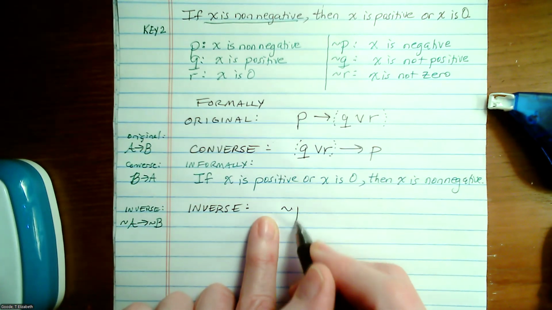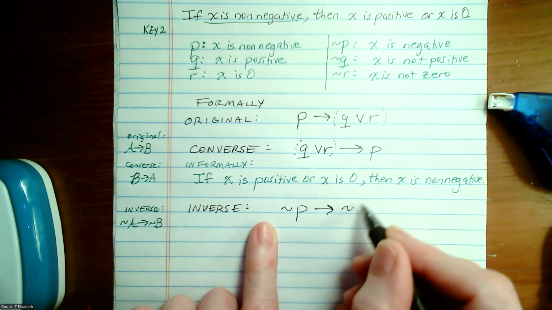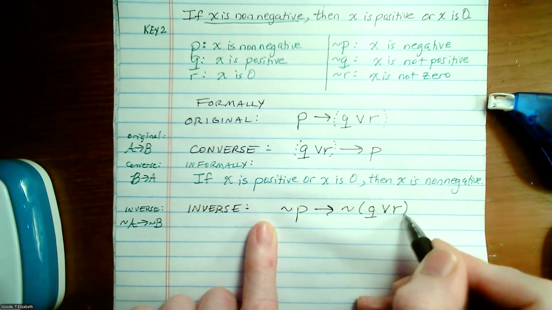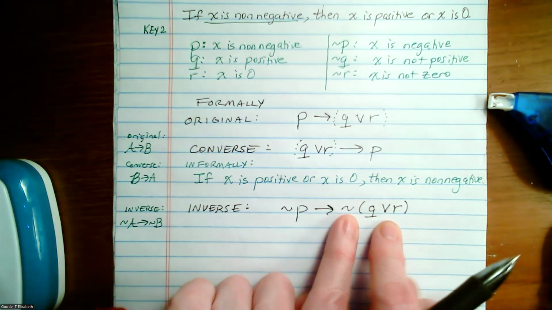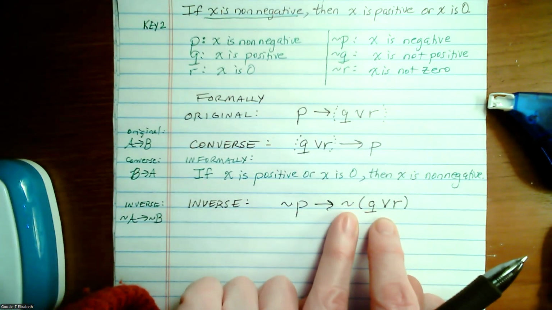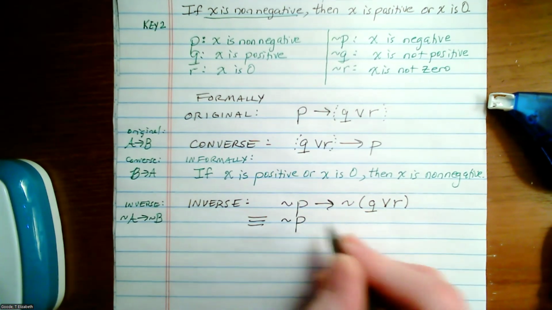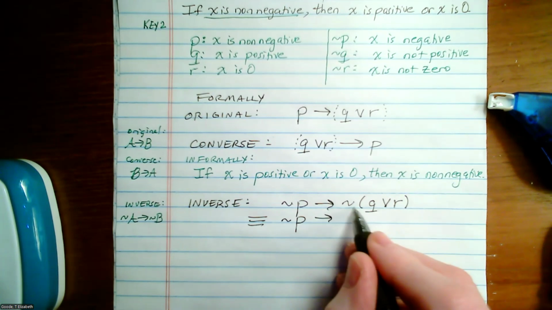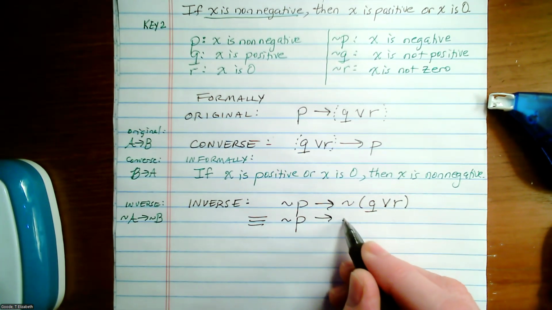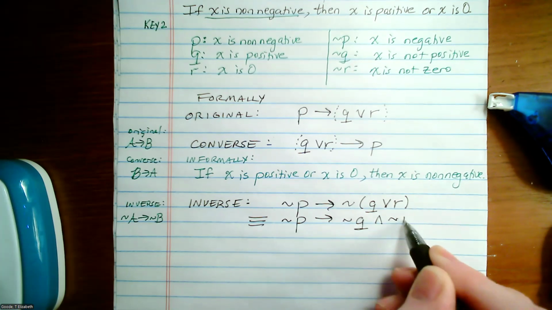Not P implies not Q or R. I'm doing it in 2 steps. The whole conclusion has to be negated. So I am doing it in 2 steps. But you, I think, are getting it so well that you know what this should translate to. Not Q and not R. Exactly.